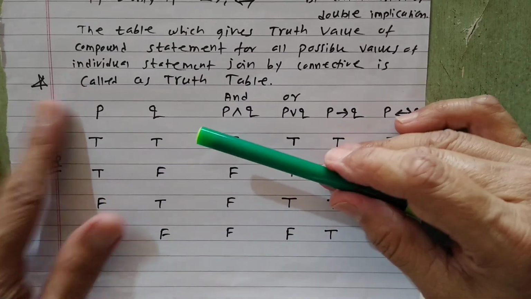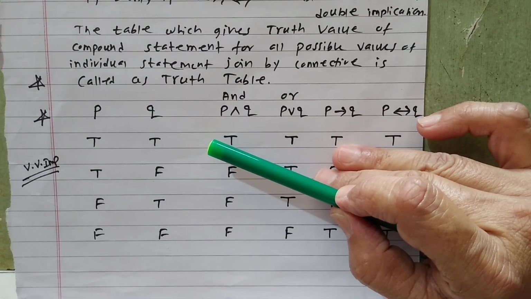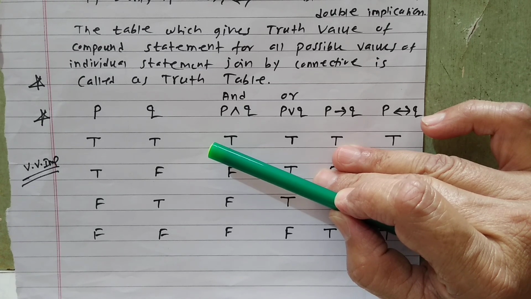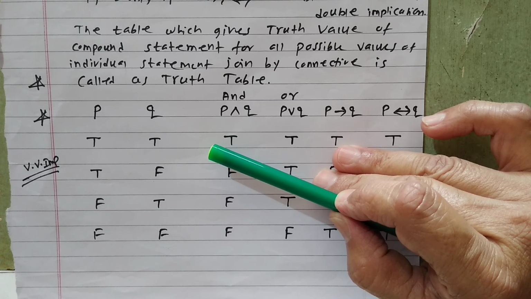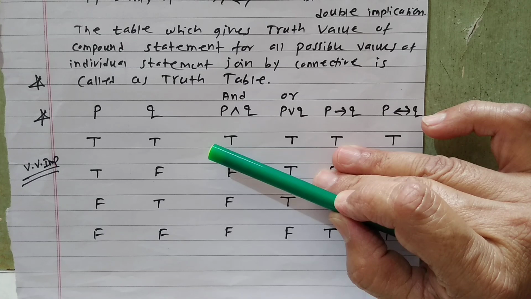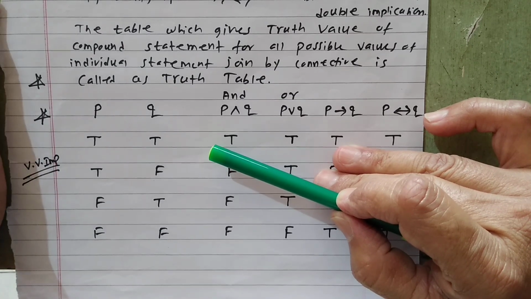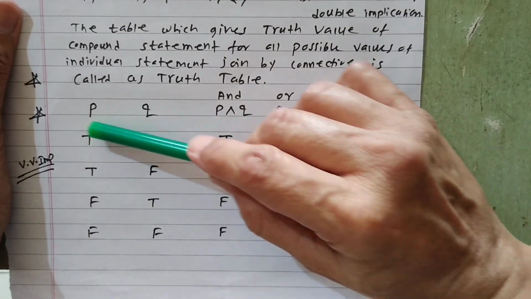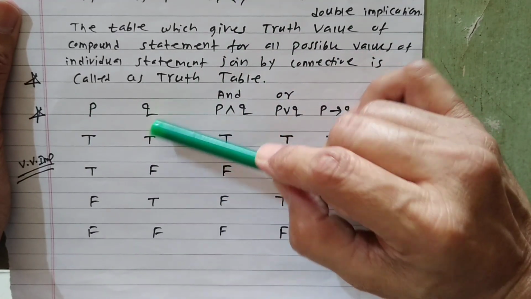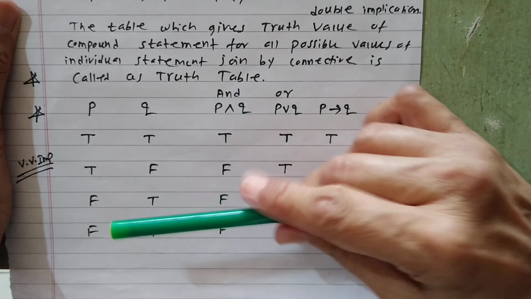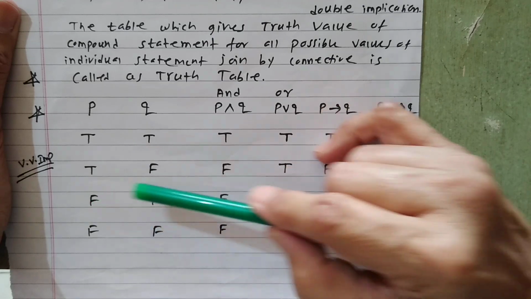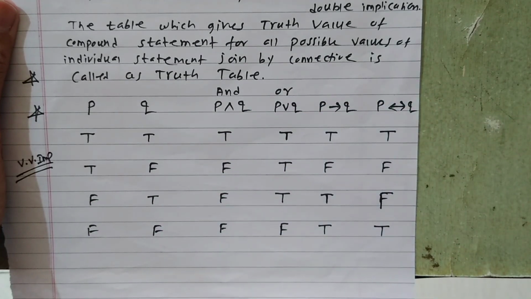A single atomic statement is either true or false. For a single statement there are two possibilities, either true or false, but when there are two statements then there will be four possible combinations: both true, true and false, false and true, or false and false.